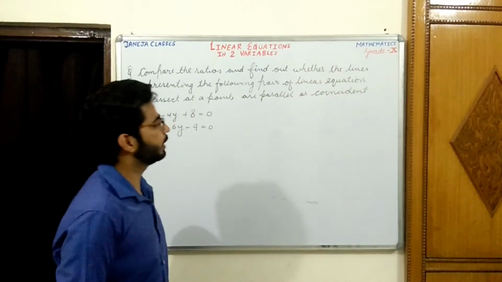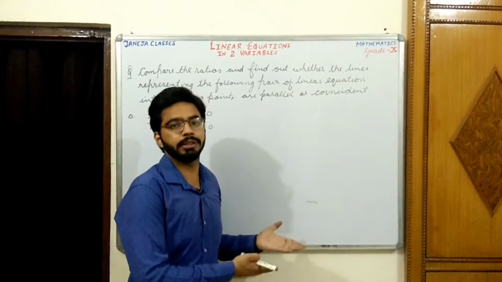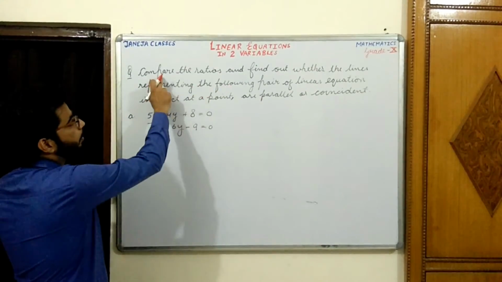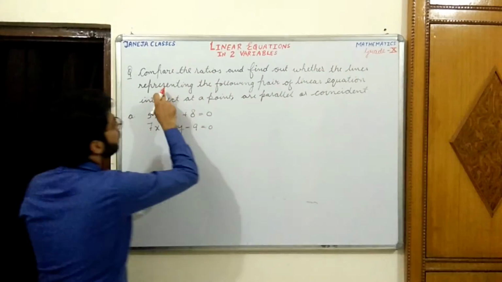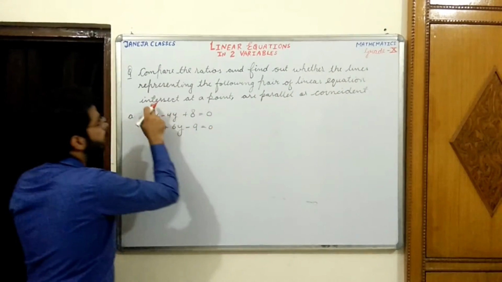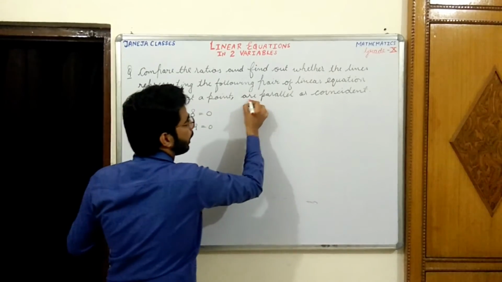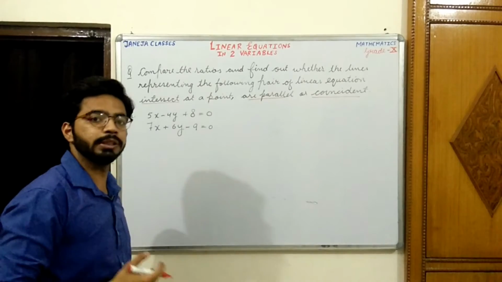Now let us proceed to the next question related to the previous table that we have just discussed. See this question. What is written: compare the ratios and find out whether the lines representing the following pair of linear equations intersect at a point, or are parallel, or both the lines will form coincident lines?